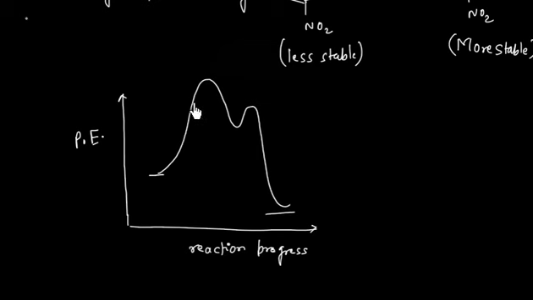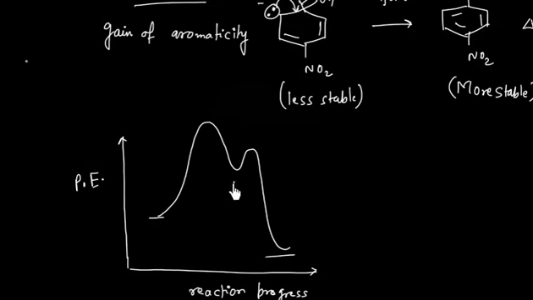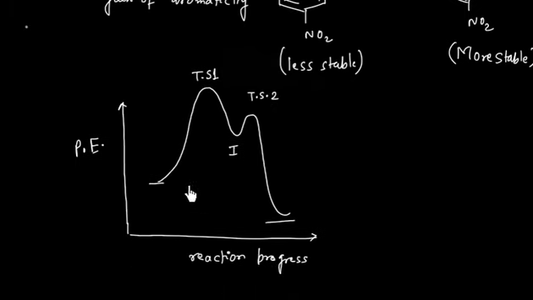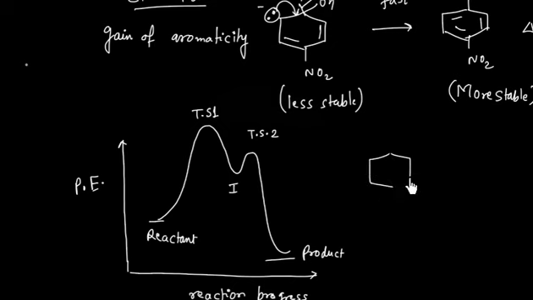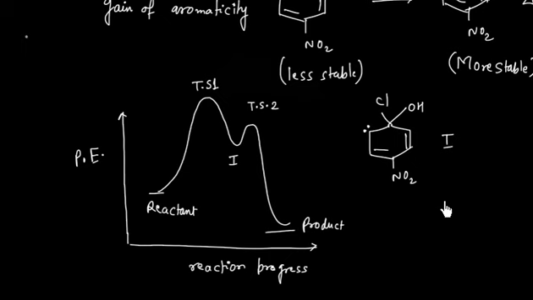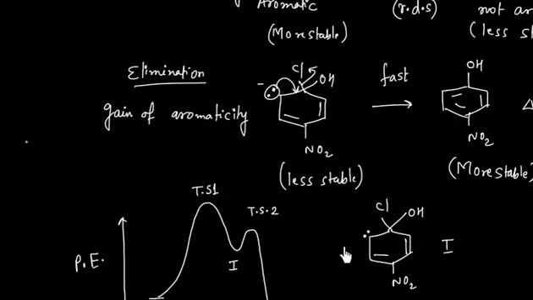Here we have the intermediate. This is the first transition state, this is the second transition state, and this one is the intermediate. Here we have the reactant and here we have the product. In the intermediate we have chlorine, and we have taken the nucleophile as OH. We can also show transition state 1 and transition state 2.